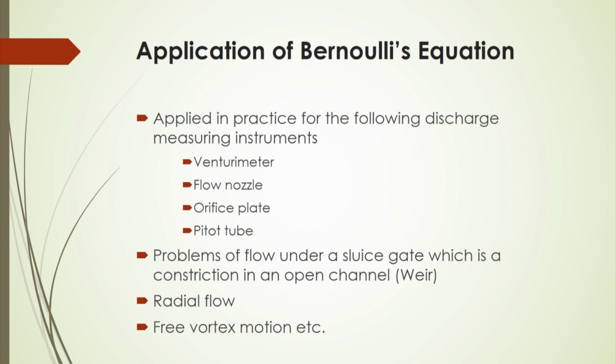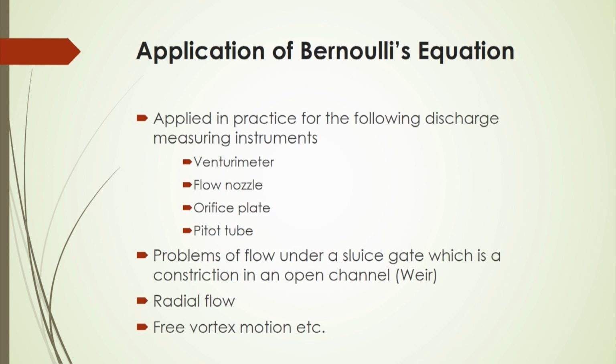Whenever fluid is flowing over a weir, you will be able to calculate the velocity and discharge based on this energy law. And also radial flow: whenever fluid is flowing with a certain angular velocity, how the vortex is formed, and at different locations, based on these energy equations, what the velocity will be once you know the pressure at different positions.